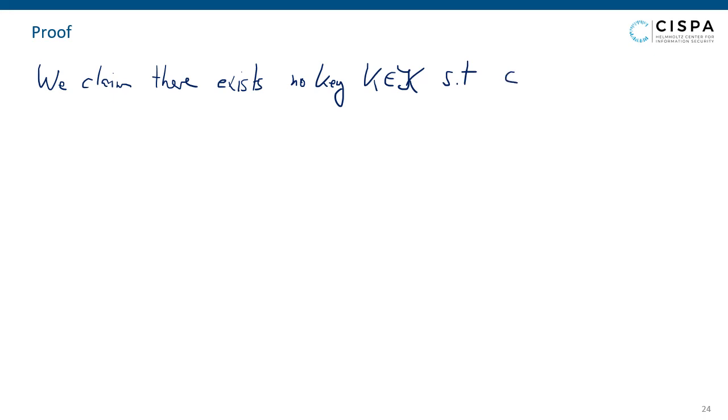So now we claim there exists no key K in the key space such that C is an encryption under such a key K of the message M1.